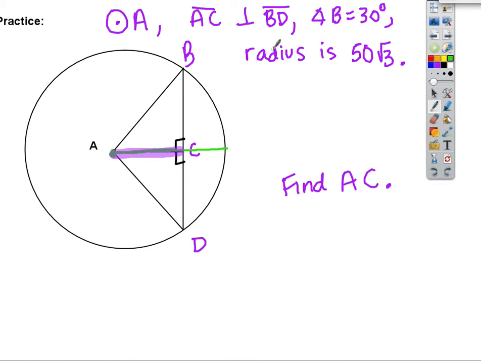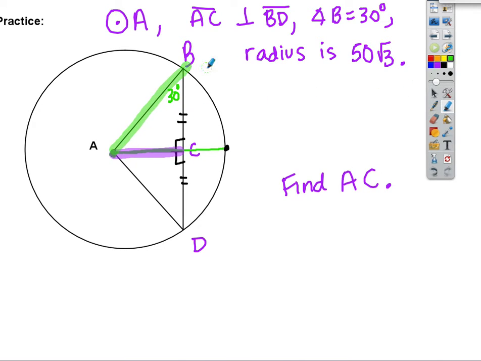So here's what I'll do. I'm going to mark, I know this is 30 degrees. I also know that these are congruent. I know that the radius is 50 root 3. AC is not the radius, because the radius has to actually touch the circle. So from A all the way to the circle, that's 50 root 3, but that might not help me very much. But there are other radii in the picture.